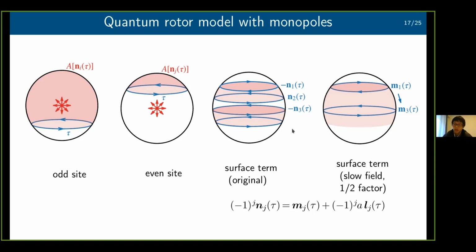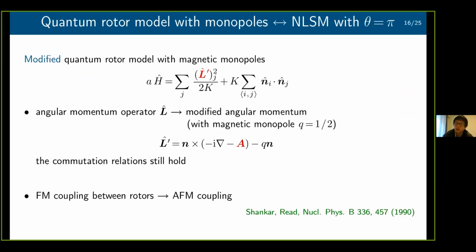If we decompose the quantum rotor into the fast moving and the slowly moving term, and then integrate out this fast moving field, we can see that the surface term from the slowly moving term by this magnetic field will contribute to the nonlinear sigma model theta term, which is, as we mentioned before, also a surface term.